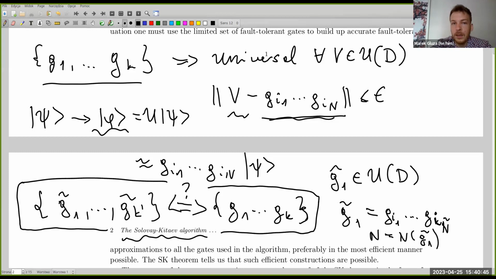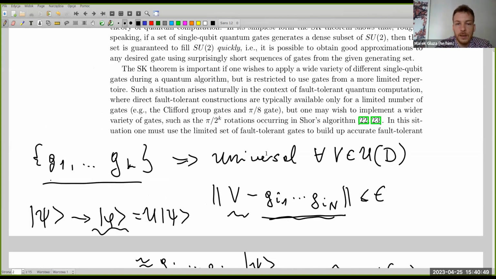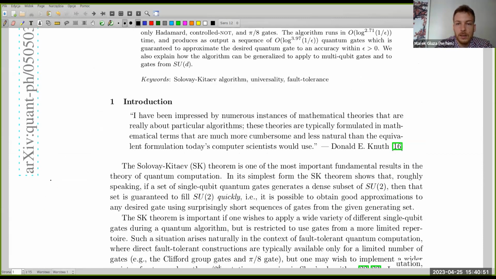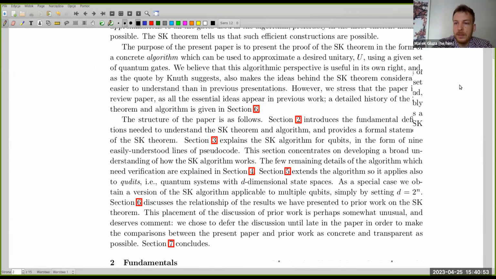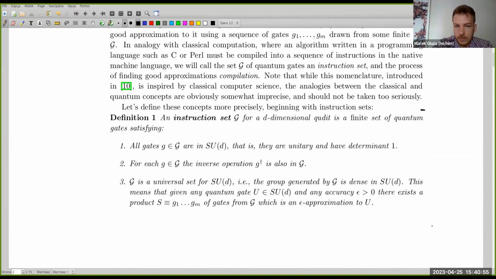Okay, so what is one example of that? Basically the first part of the paper will make it precise what we mean by a gate set. So they call it an instruction set and so on. But basically here in this notation we would have G and G prime, two gate sets.